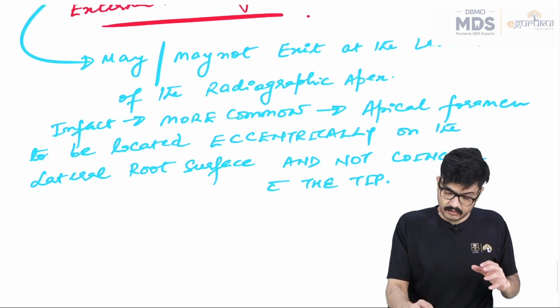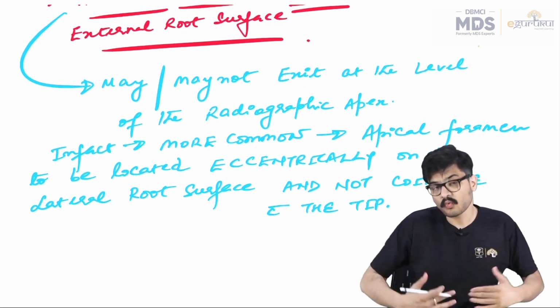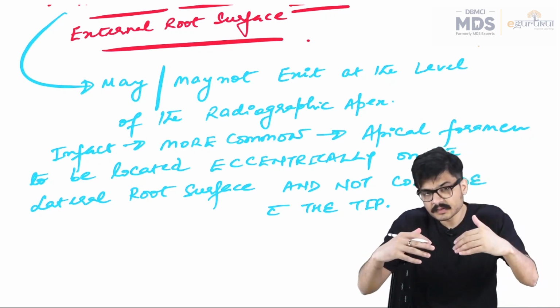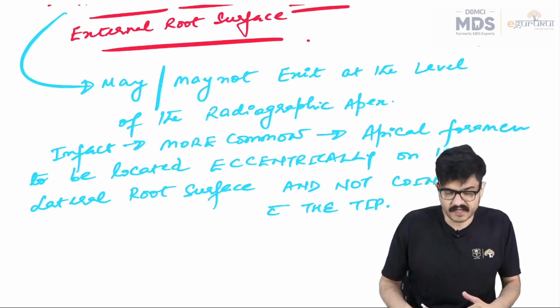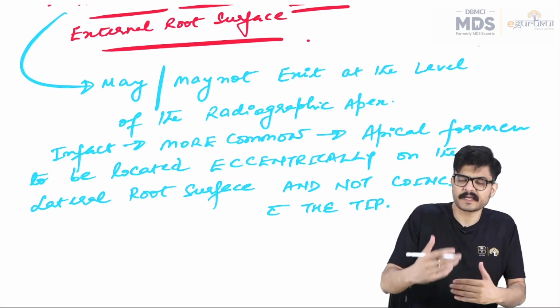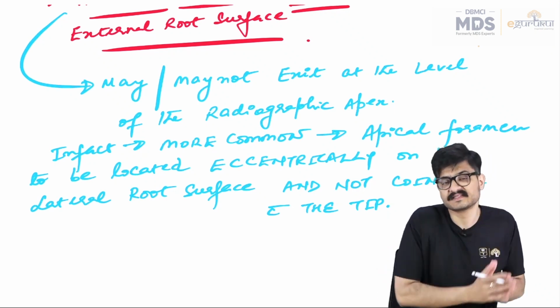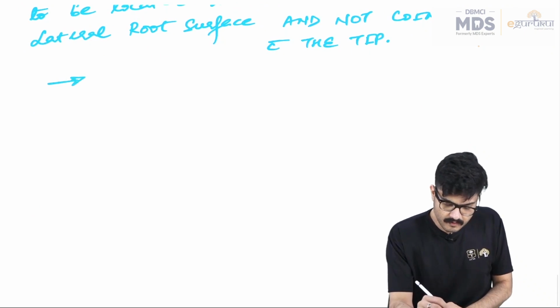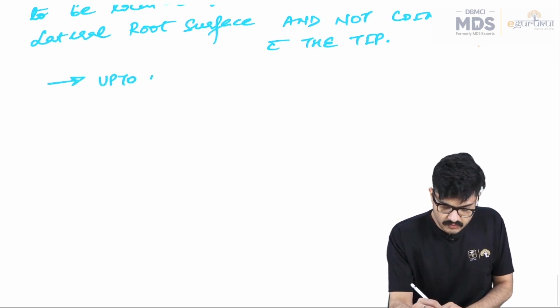Now, in general, up to what distance short of the radiographic apex does the apical foramen take its exit? It is up to 3 millimeters.